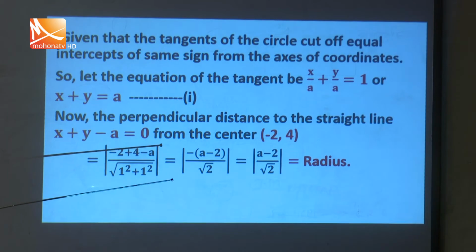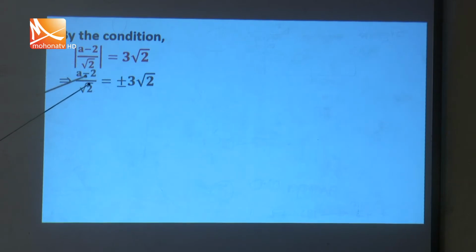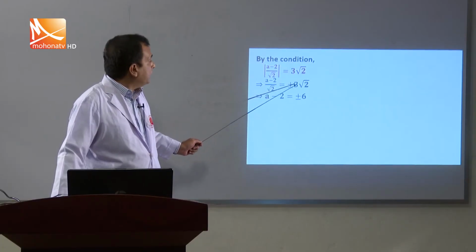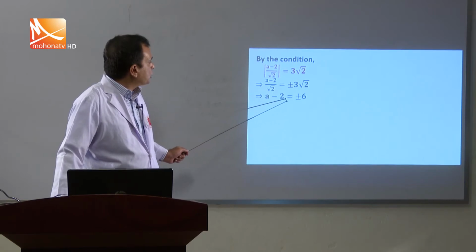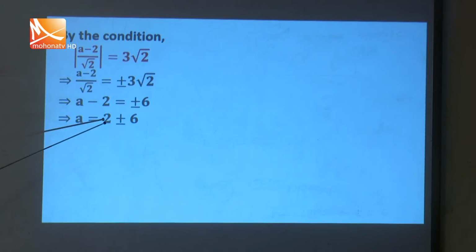That's why we can write down by the condition, absolute value of a minus 2 by root 2 equals 3 root 2, or a minus 2 by root 2 equals plus minus 3 root 2, or a minus 2 equals plus minus, root 2 into root 2 is 2 and 3 into 2 is 6, so a minus 2 equals plus minus 6. Then a equals 2 plus minus 6. Okay. Then a equals 8, minus 4.